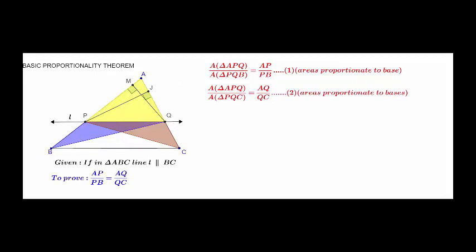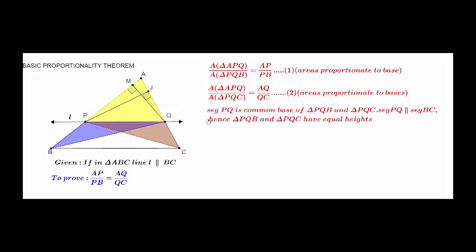The third statement that we can write is based on the fact that segment PQ is common for the blue as well as brown triangle, namely triangle PQB and triangle PQC, and both these triangles have their vertices B and C on the line parallel, that is the segment BC parallel to PQ.